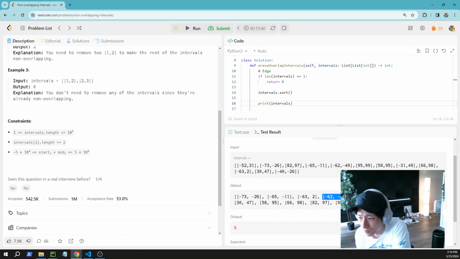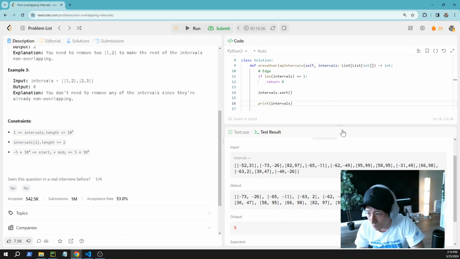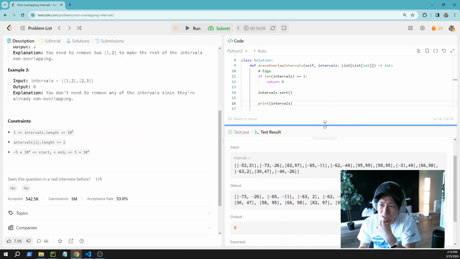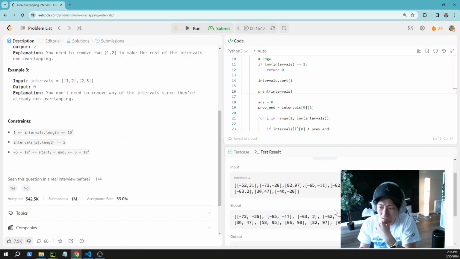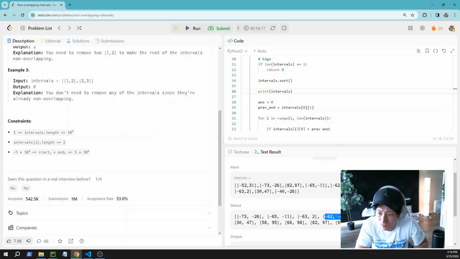If I keep this one and this remains, and then I'm going 1, 2, 3, 4, 5, 6, 7. Okay, that's right. So it looks like initialization was a bad idea. Somehow I want to keep this one without removing it.